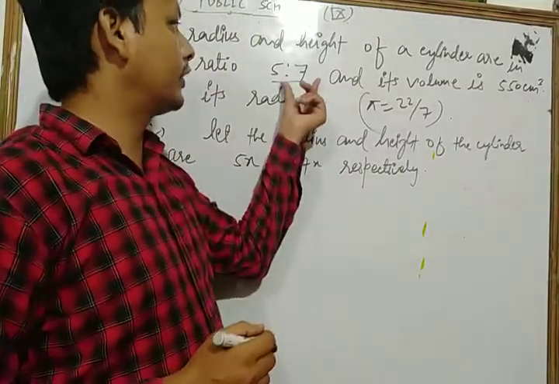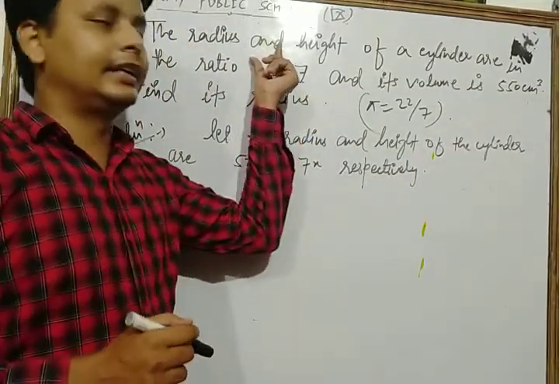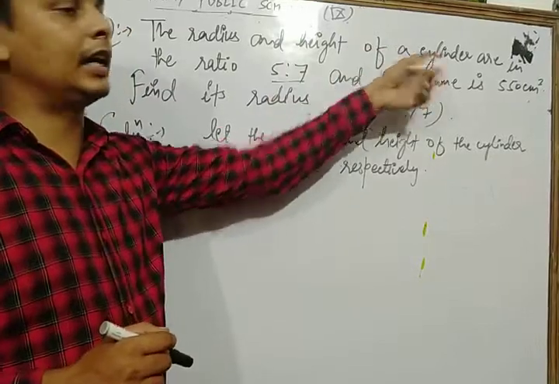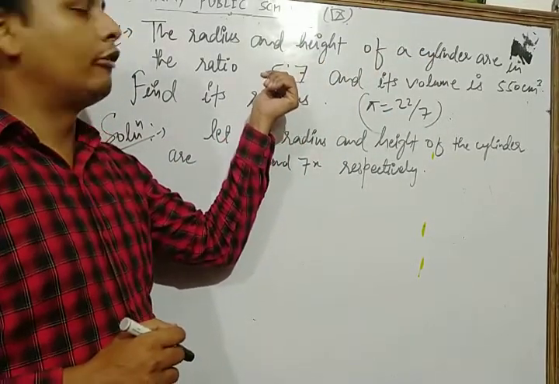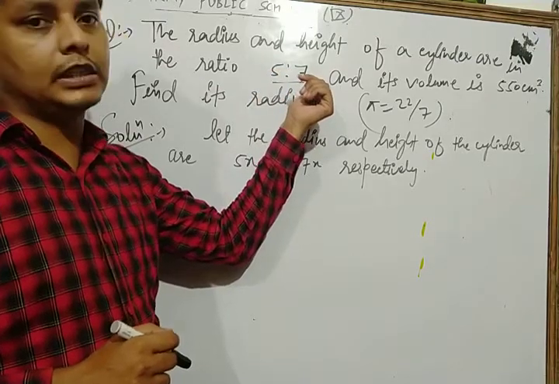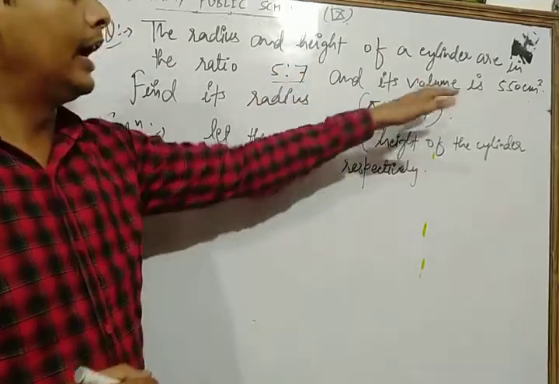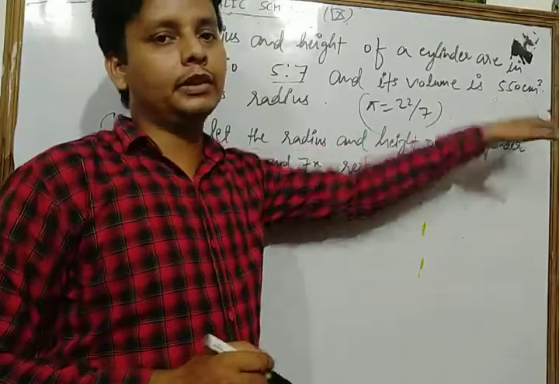Because according to the question, the radius and the height of a cylinder are in the ratio 5:7, so we take the radius as 5x and the height as 7x respectively. Okay, and the volume is given, that is 550.